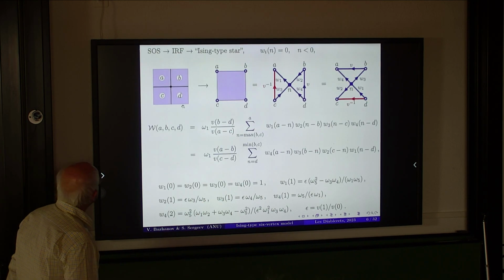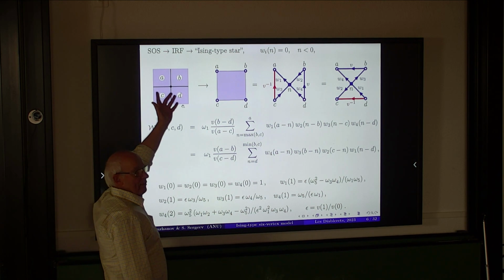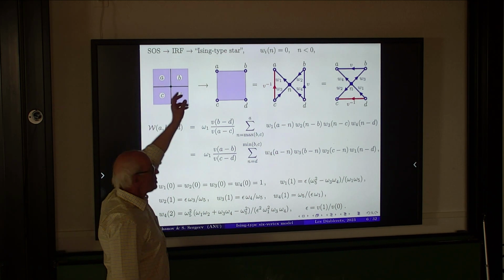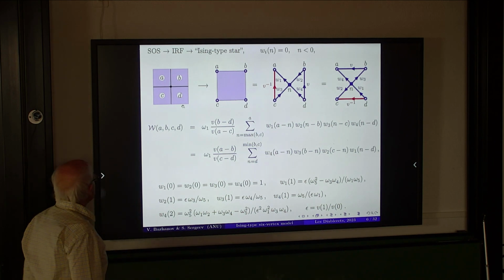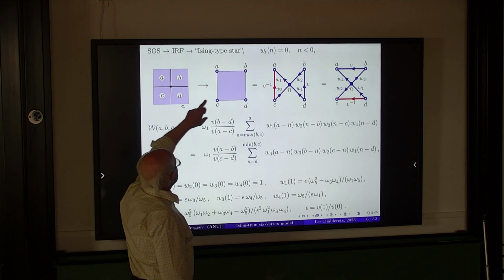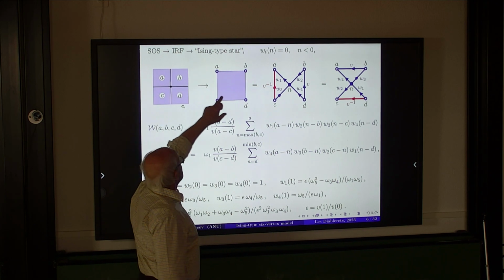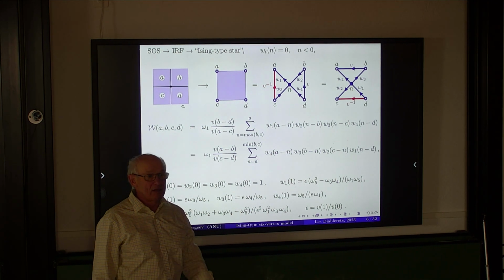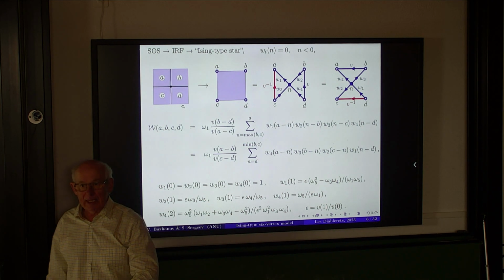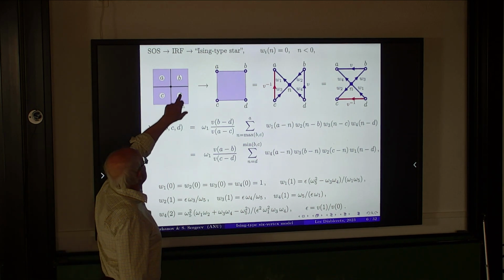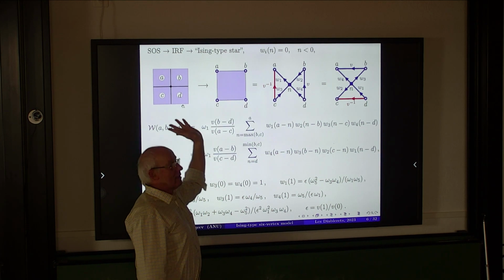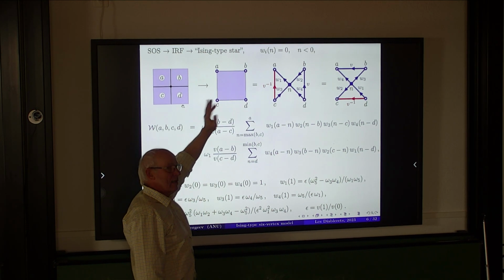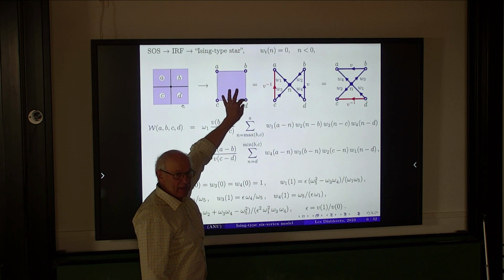Okay, what do we do? We take the solid-on-solid formulation, that's A, B, C, D integers. And we convert it, go to the dual lattice, and place the center of the faces at the sites of the dual lattice. So we go from solid-on-solid to interaction around the face.